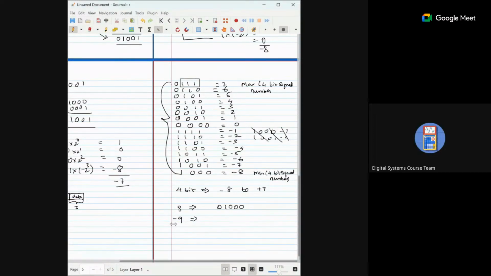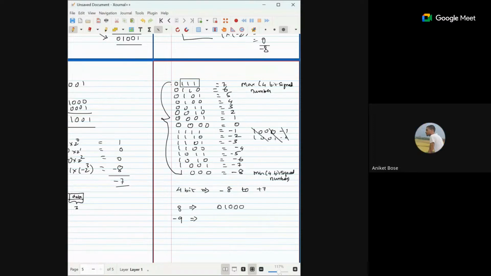But that gives some number inside minus 8 to 7. I want to represent minus 9 as it is, without any discarding. Then we will need more bits, right? Exactly. That's why I'm asking how many bits are required.